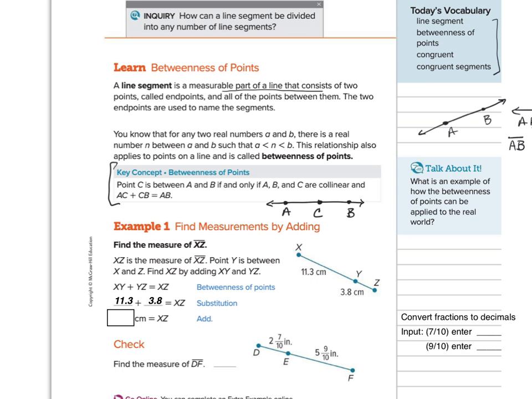And therefore, AC plus BC equals AB. Big concept here. We're going to do a lot of this stuff, but AC plus CB is going to be equal to the entire length of AB. We don't know what those lengths are, but we know by definition of betweenness that that is an accurate statement.